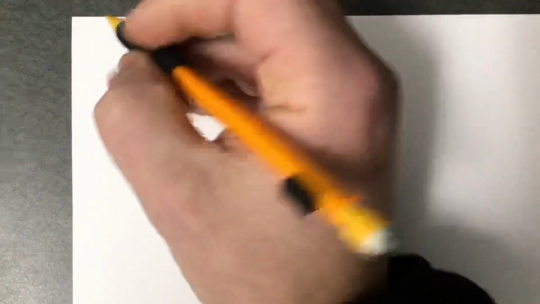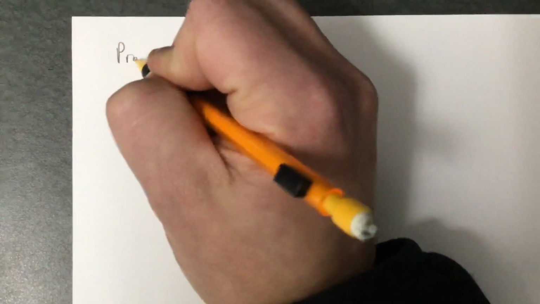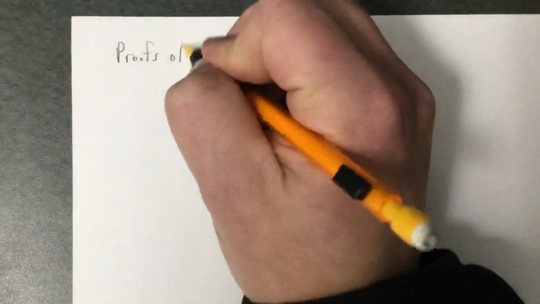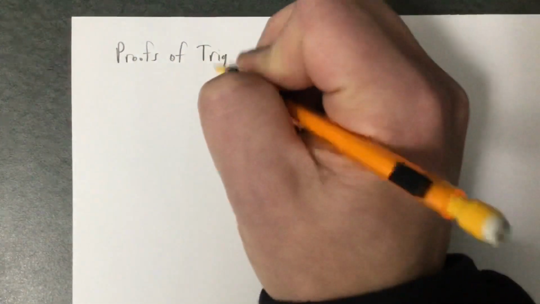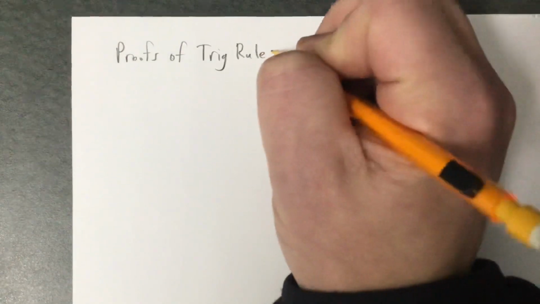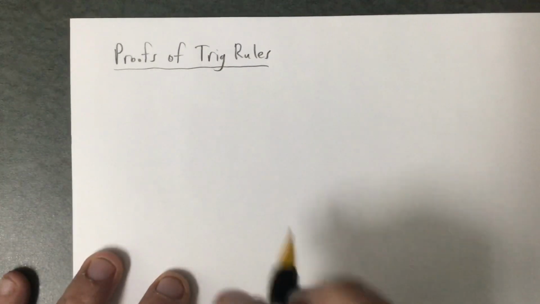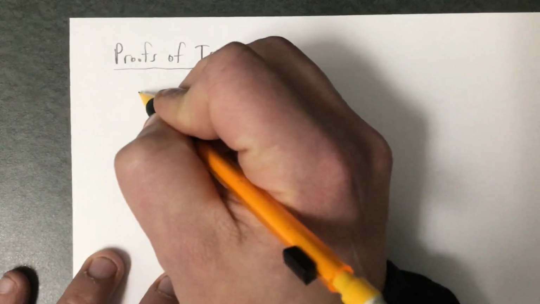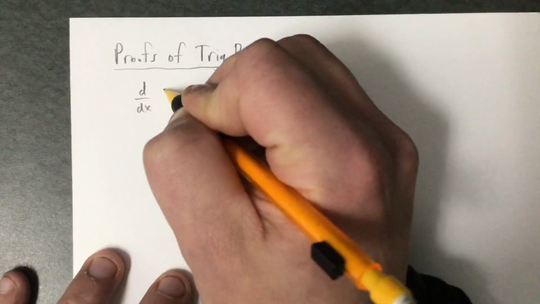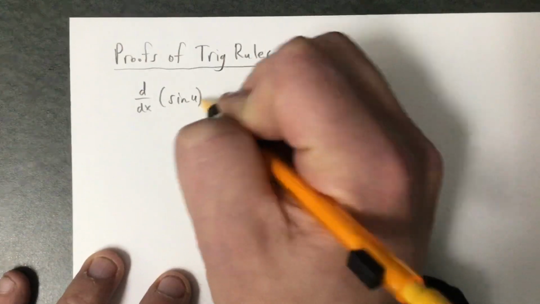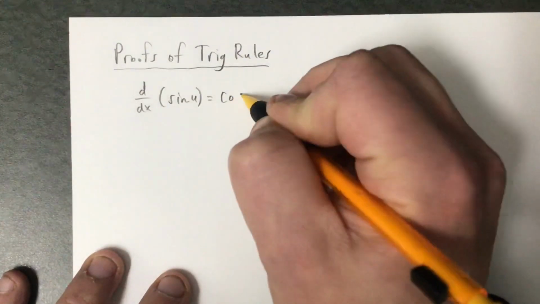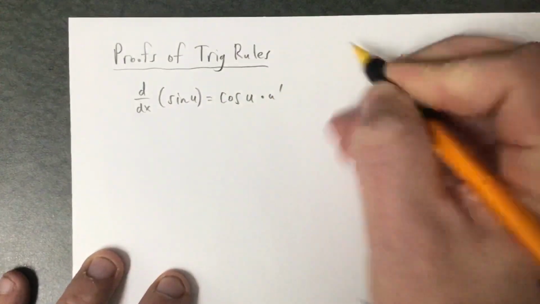We have a new section of notes today that is called proofs of trig rules. And proofs of trig rules is really going to have to do with derivatives, and we have some derivative rules already. We know the derivative of sine of u is equal to cosine u times u prime.